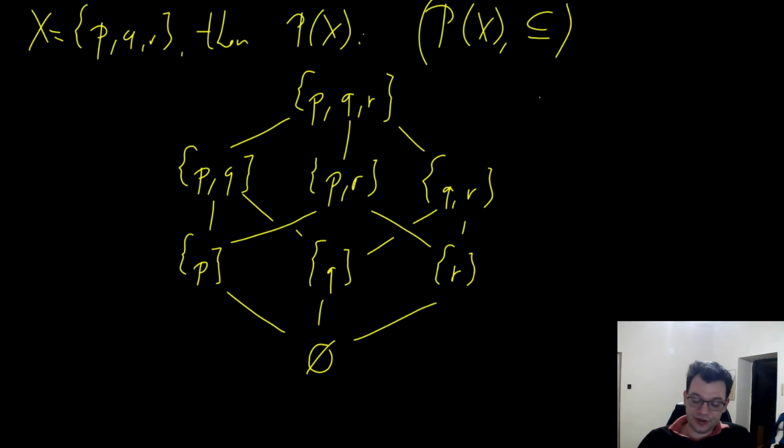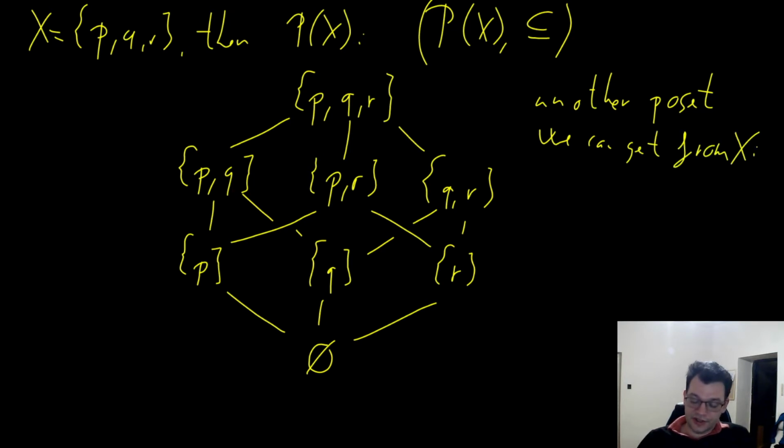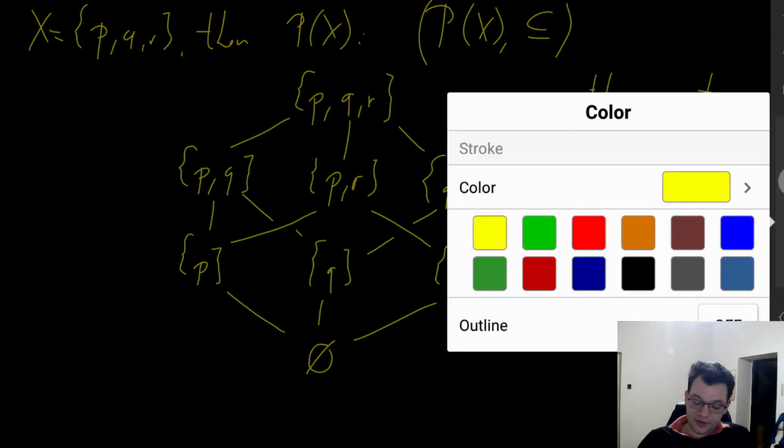Now there is another poset we can get from X. Probably it's better if I use another color.